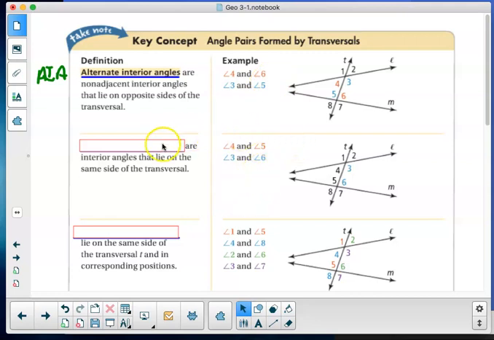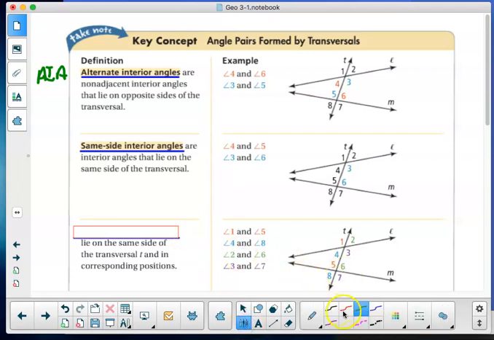Now, in this next one, we have same side interior angles, SSIA.